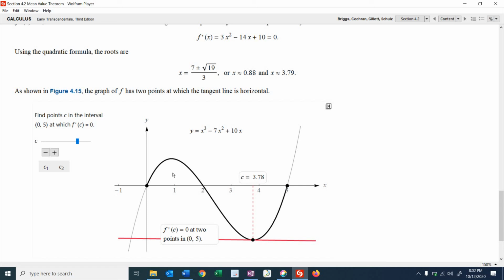And it's also equal to 0 at this point over here. And so let's go see where that's at. Okay, so it should be at 0.88 as well.